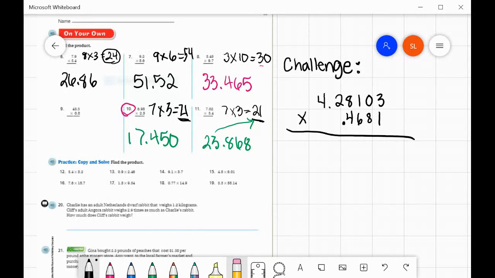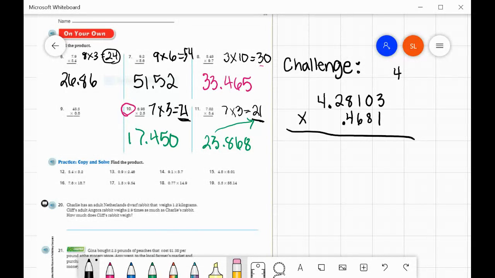All right, now thinking about this, we have 4.2810. So this rounds to about a 4. And 0.4681 would round down to a 0. So we're going to have a smaller number.